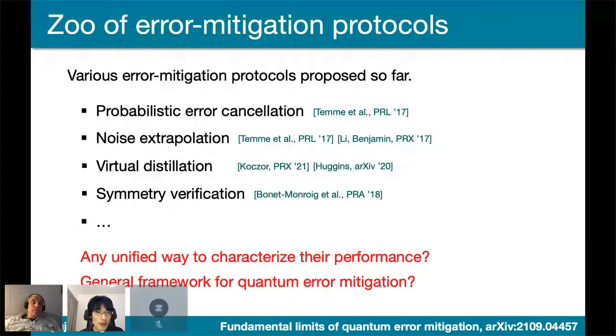Unfortunately, I don't have time to dive into every single idea. But the point of this slide is just to show that there are many specific error mitigation protocols that are individually proposed and individually analyzed. For instance, if you take probabilistic error cancellation, then you analyze its performance. And noise extrapolation, again, you analyze its performance. And actually, we're going to take a look at several of those later in more detail.